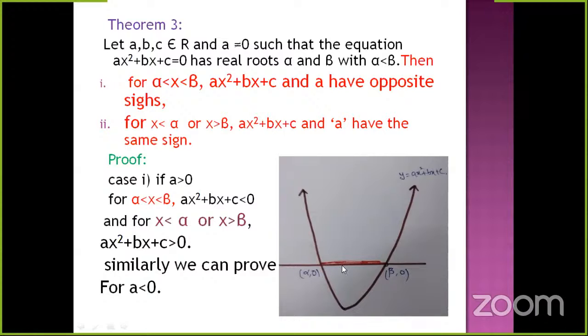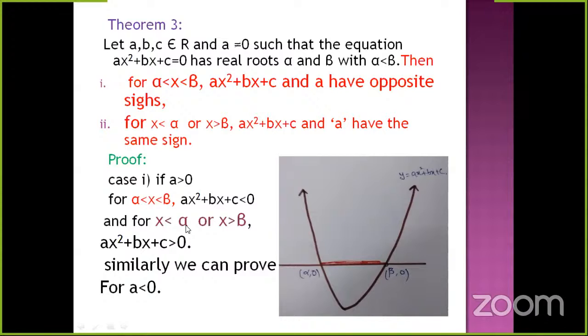See here carefully. For the value of x lying between alpha and beta, the curve is below the x-axis. If the curve is below the x-axis, the value of y will be less than 0, that is negative. So the value of the quadratic expression is less than 0 for x lying between alpha and beta.